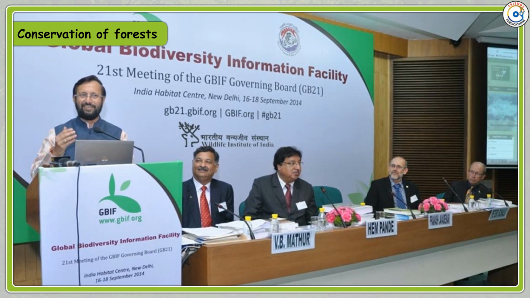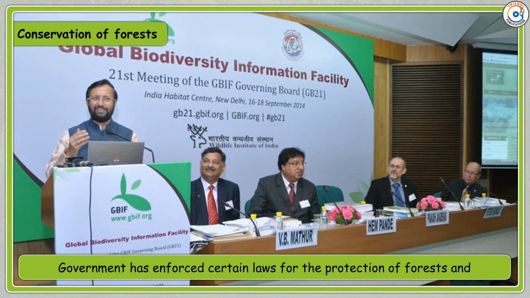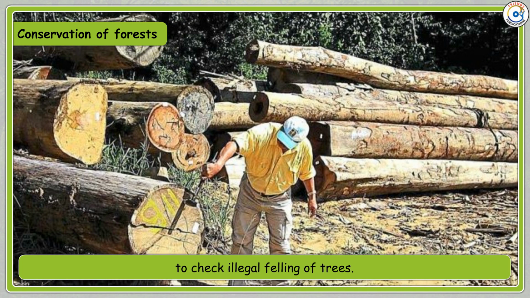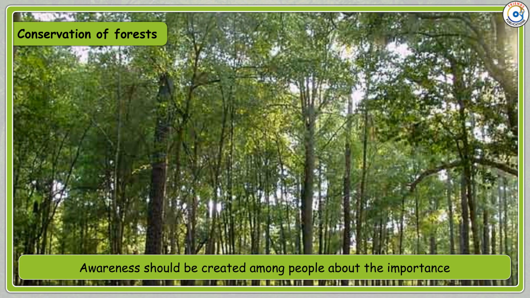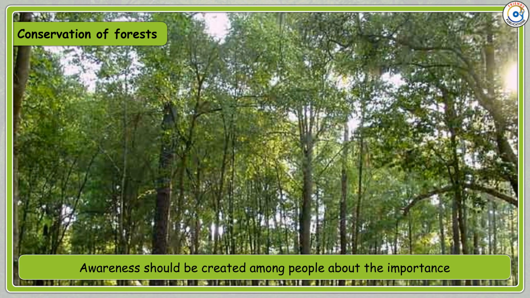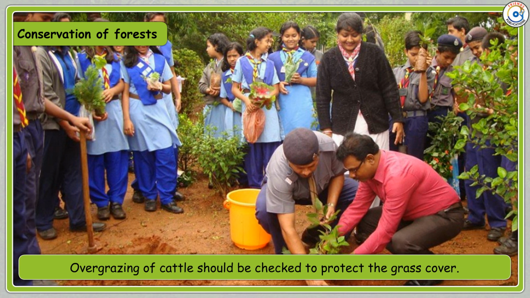Conservation of forest. Government has enforced certain laws for the protection of forest and to check illegal felling of trees. Awareness should be created among people about the importance of forest and the need to protect them.